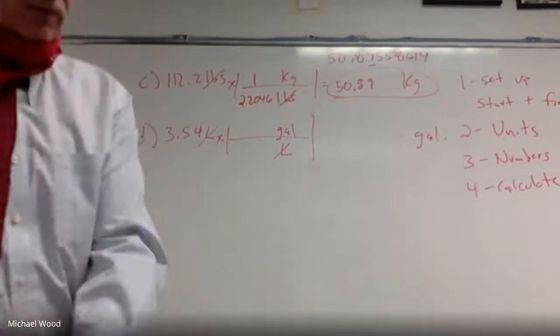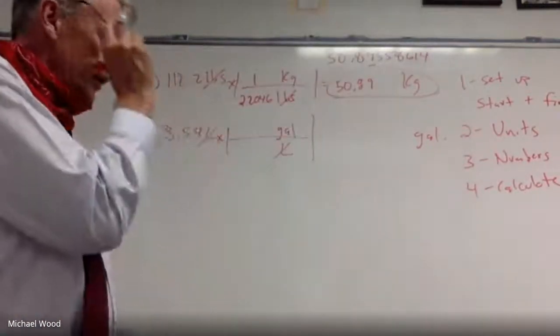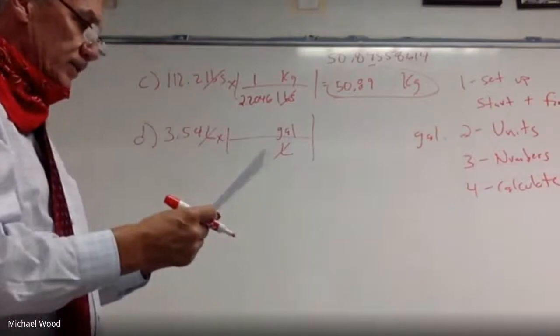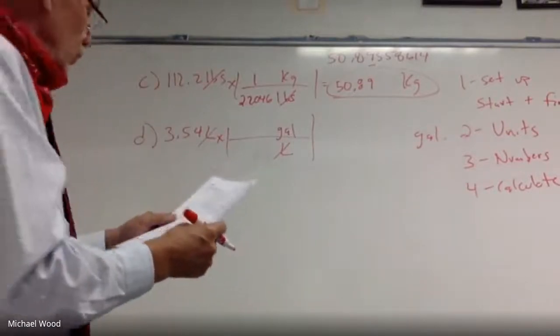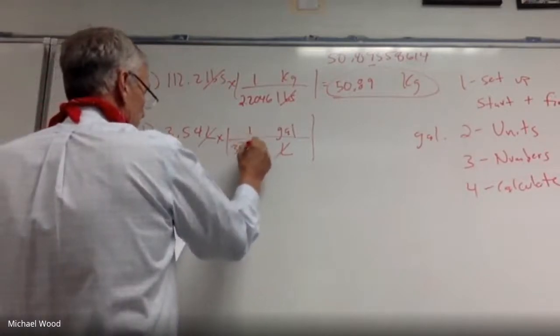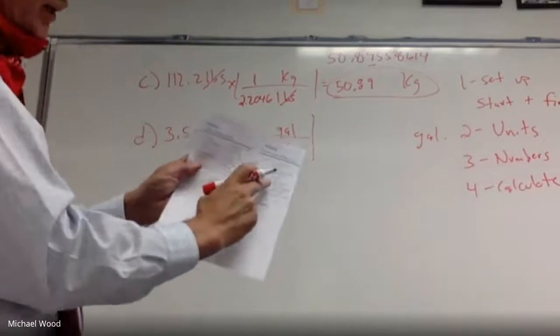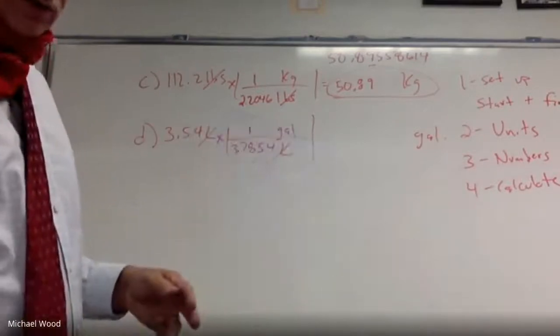Okay, now the numbers. So now I'm going to go back to here, and I'm going to look up liters and gallons. And so for every 1 gallon, there's 3.7854 liters. So that came right from here, 1 gallon, 3.7854 liters.